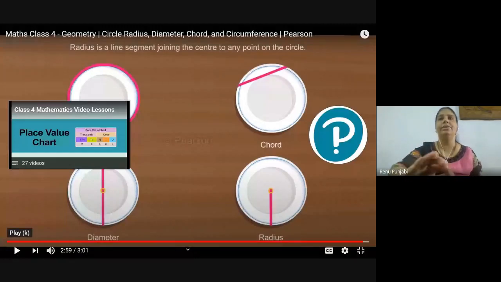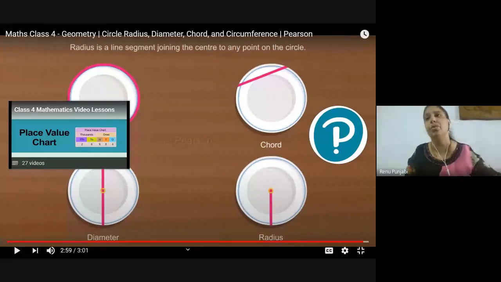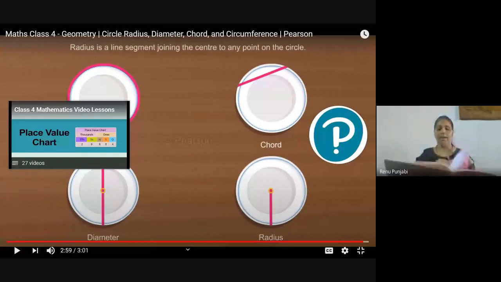Now, children, everyone, please hold your plates in your hands and write in your notebook circumference. Divide your page into 4 equal parts. For example, see, I have taken this notebook. Divide your notebook into 4 equal parts.